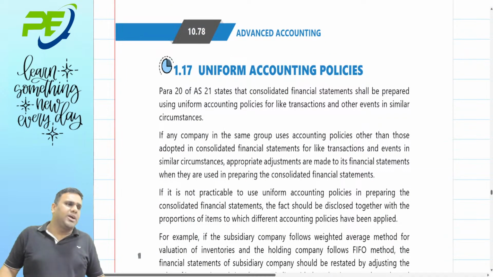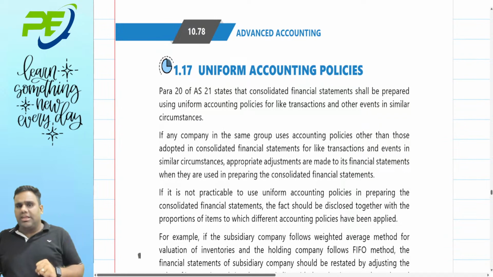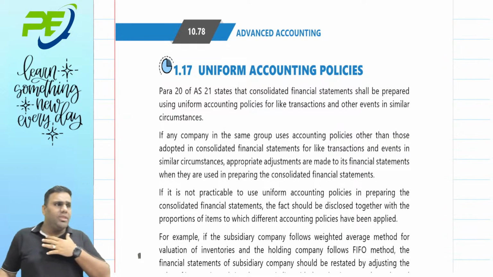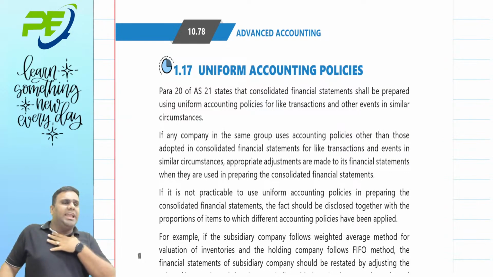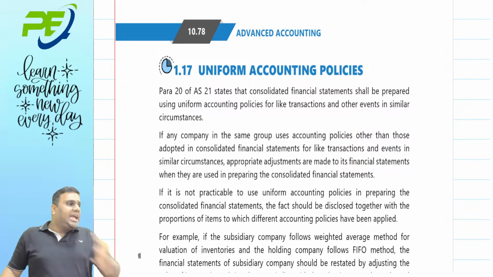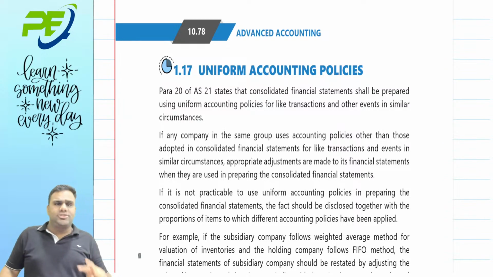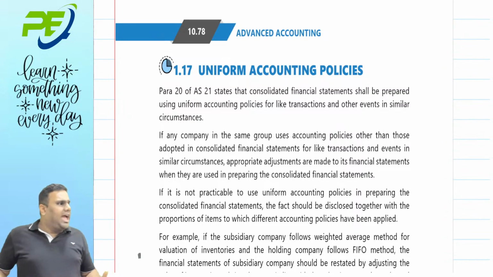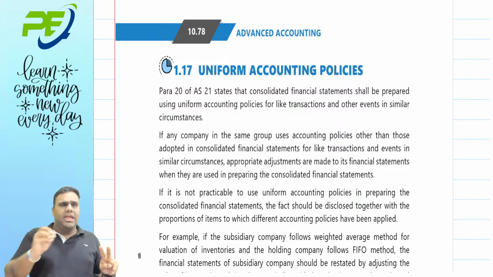Now, uniform accounting policies. Let's say I am a holding company using the weighted average method for valuing inventories. I have a subsidiary valuing by the FIFO method. As per AS2 inventories, both are allowed.